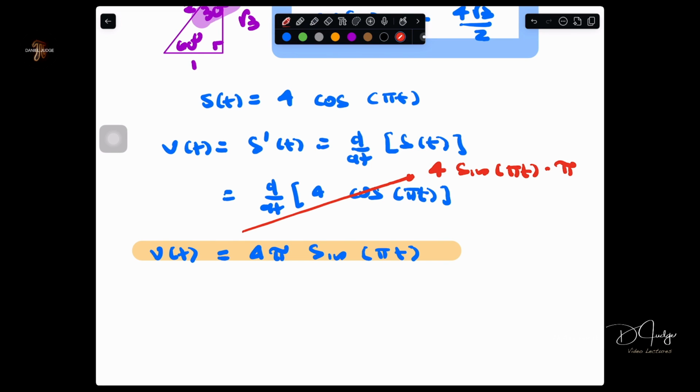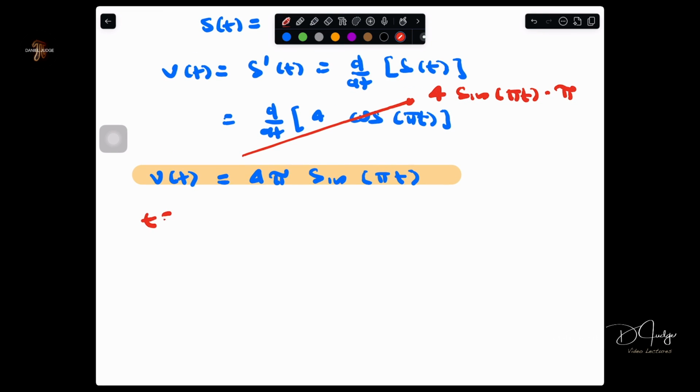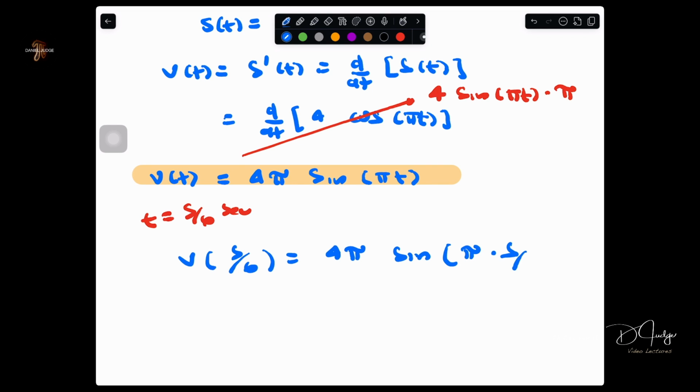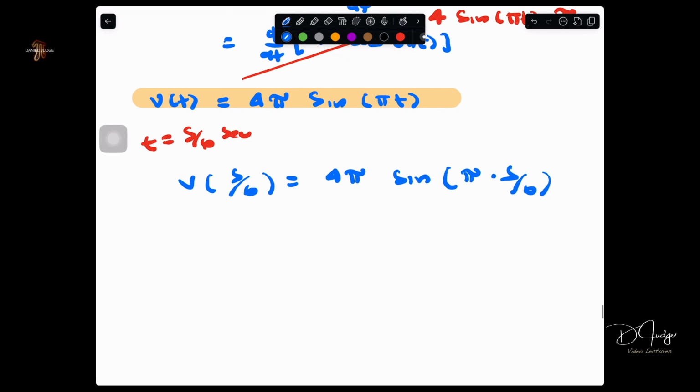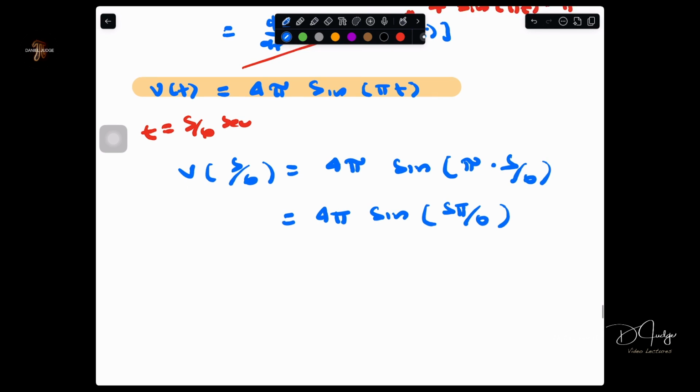But they want to know, what is the velocity when your time is 5/6 seconds? This is in seconds again. So they're asking for v of 5/6, 4 pi sine pi times 5/6, which will give you 4 pi sine 5 pi over 6. Okay.